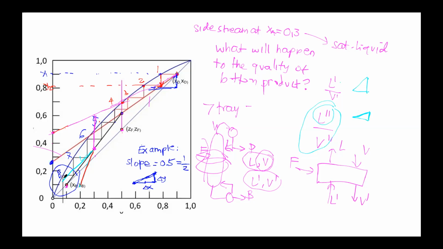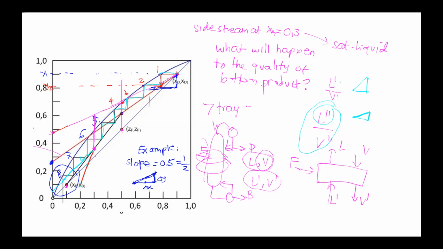So with this case, let's say I calculate and it's going to be this one. How about the quality of the bottom product? If I want to ask about the quality of the bottom product, this is 1, 2, 3, 4, 5.